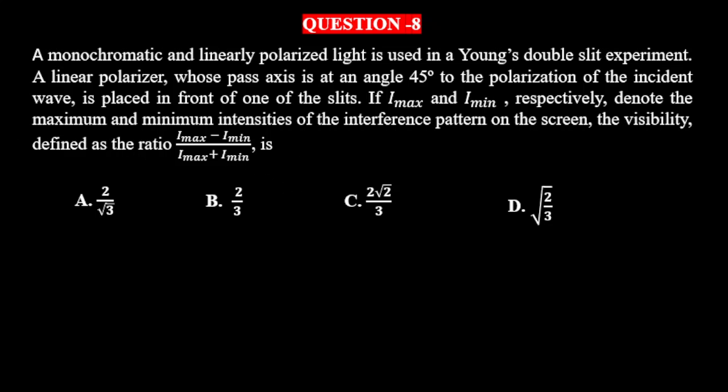Okay, to solve this problem, let me draw a simple diagram of a Young double slit experiment. For that, we use a point source here. Then we place two pinholes in front of this point source, and at a certain distance we place a screen here.